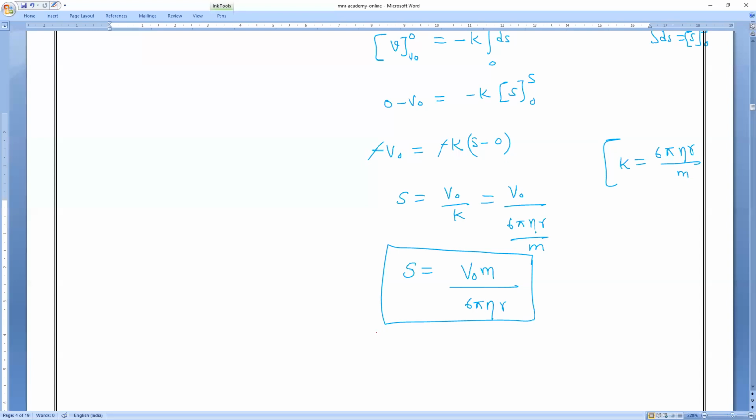Completed, everybody, till here? So the distance traveled by the body is equal to v naught into m divided by 6 pi into eta into r.